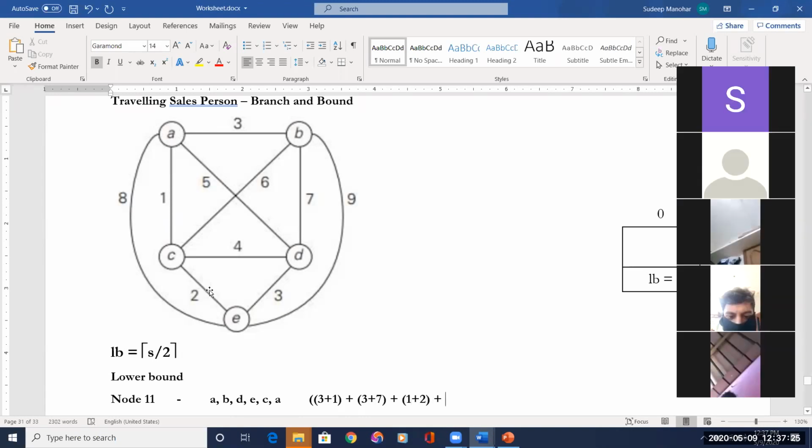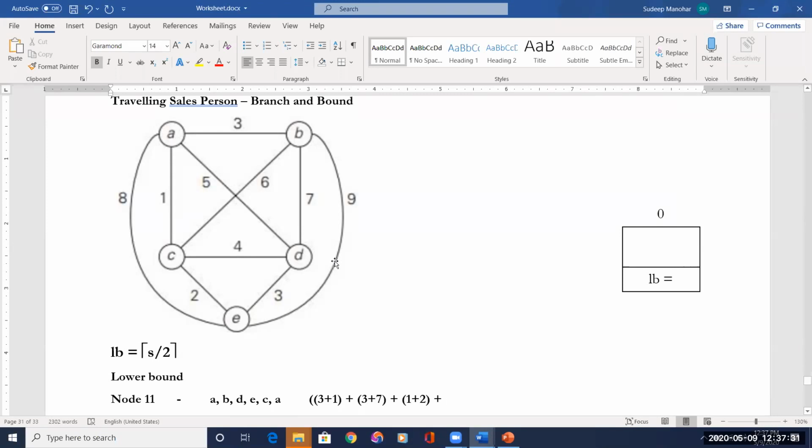Plus vertex D. Vertex D adjacent are B and E. So it is 7 plus 3.